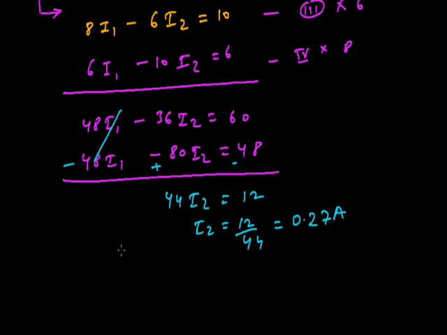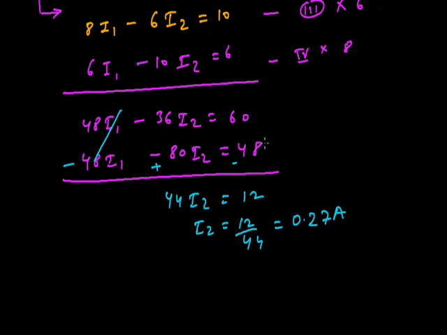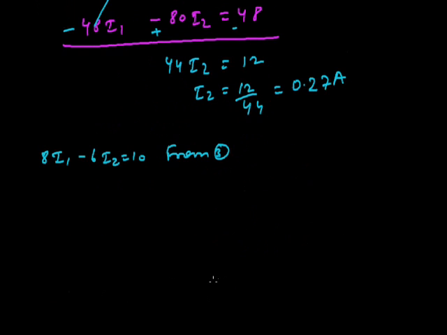Now we will find the value of I1. We put the value of I2 in equation first, or we can say third. So 8 I1 minus 6 I2 is equal to 10 from the third. Now we put the value of I2 in the equation.